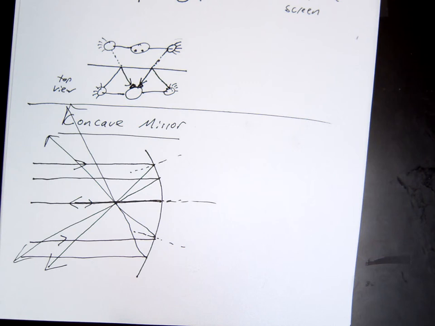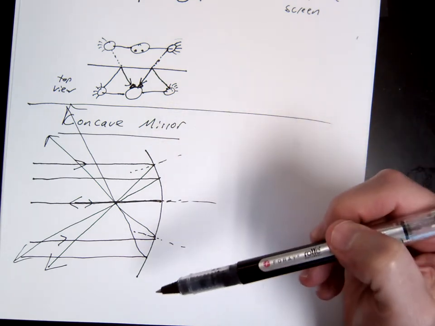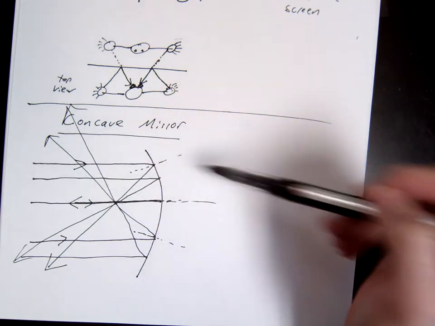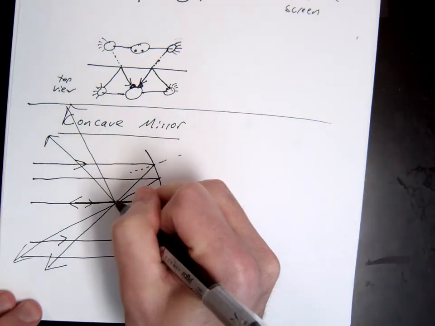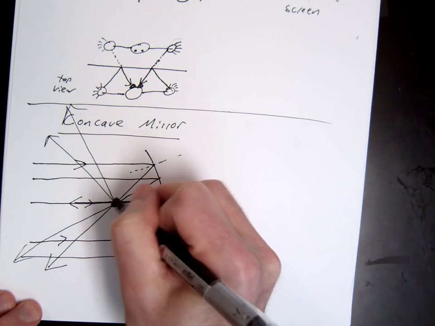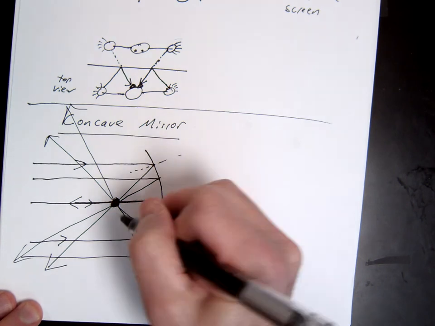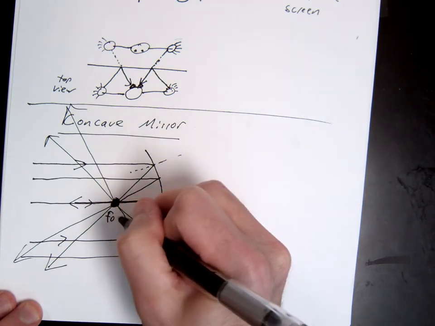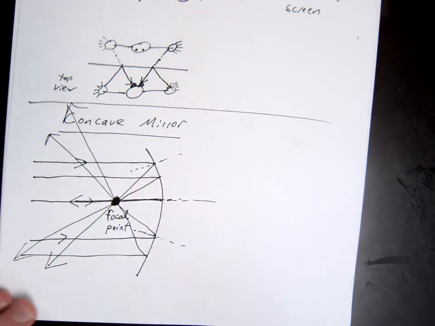One thing I want you to notice: I just drew 5 beams, but I could draw 1 billion beams. And no matter what, if they're all parallel to each other, they would all intersect at the same exact point. This point right here is what we call the focal point, or the focus, because all light focuses at a single point.